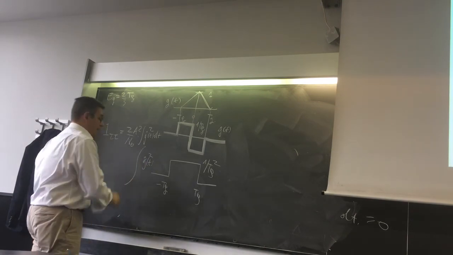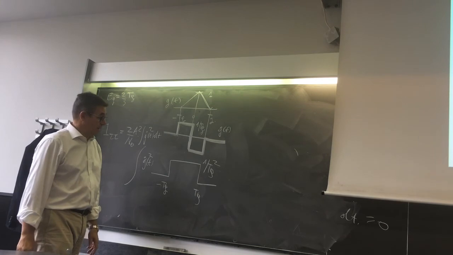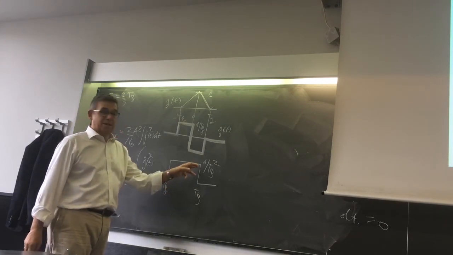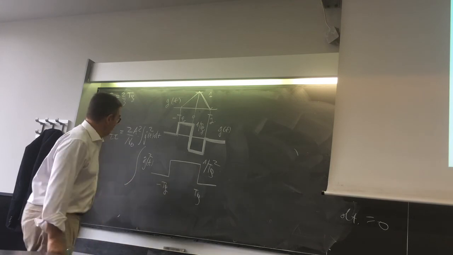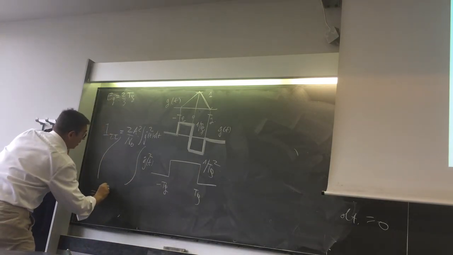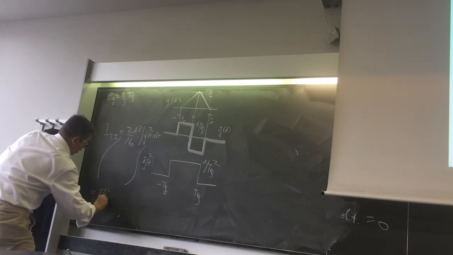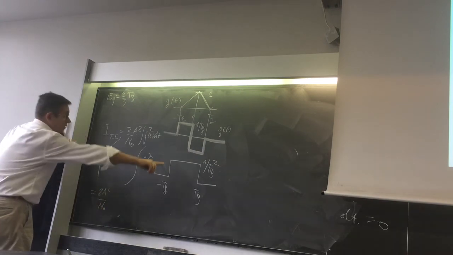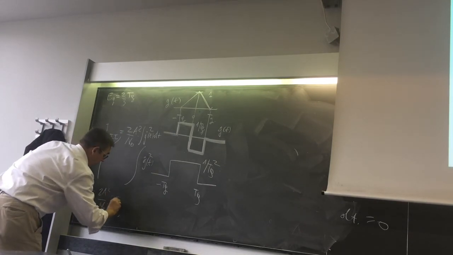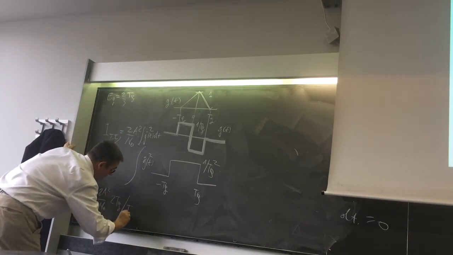So I'm calculating the integral for that, which means that it is equal to 2 times tg divided by tg squared. So this is equal to 2a squared divided by n0 times the integral, which is 2 times tg divided by tg squared.